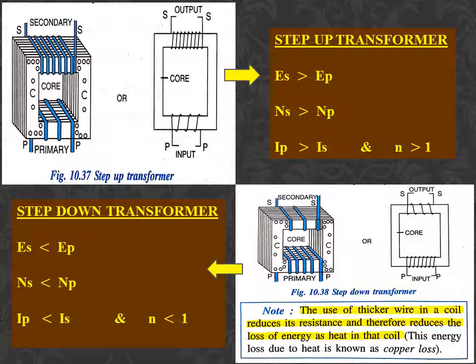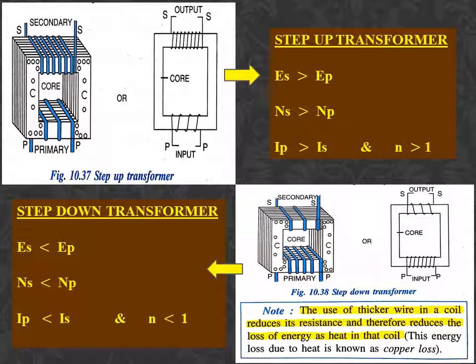So Ns by Np, the turns ratio N, is less than 1. The current in the secondary coil is more than in the primary coil in case of a step-down transformer. So the wire in the secondary coil is kept thicker than in the primary coil.